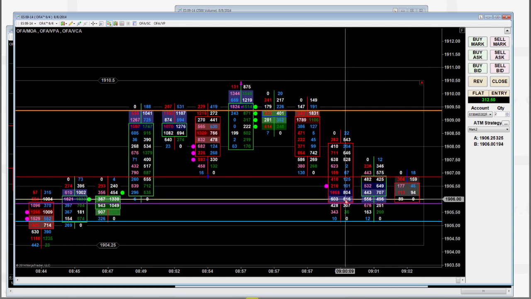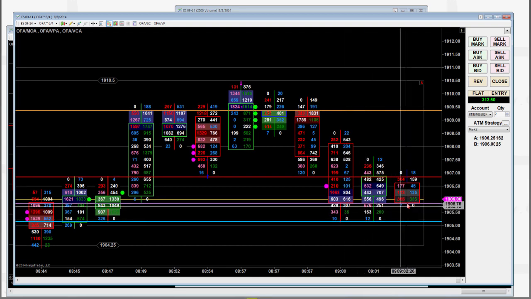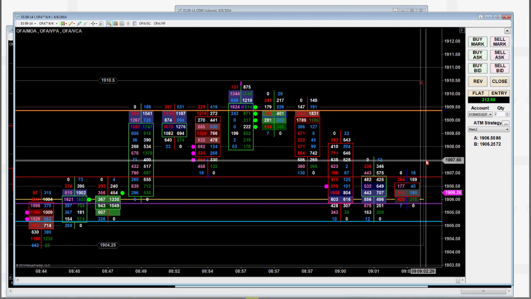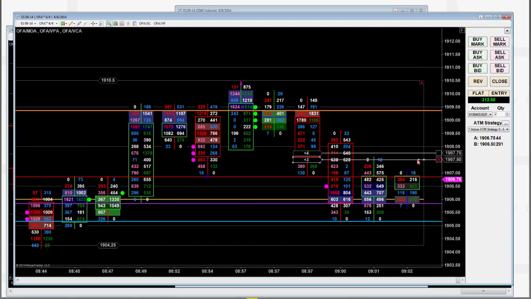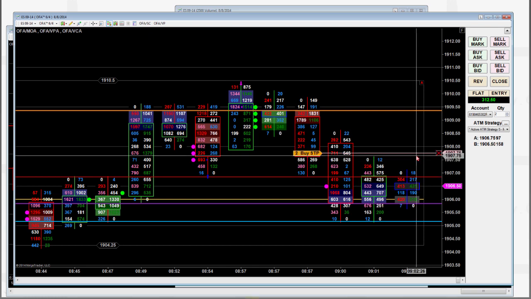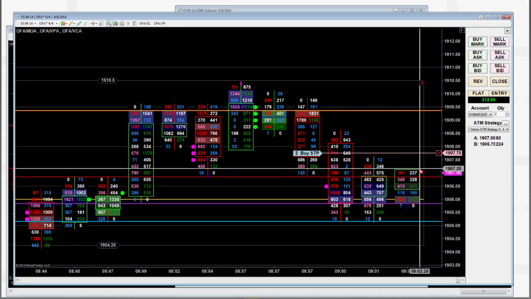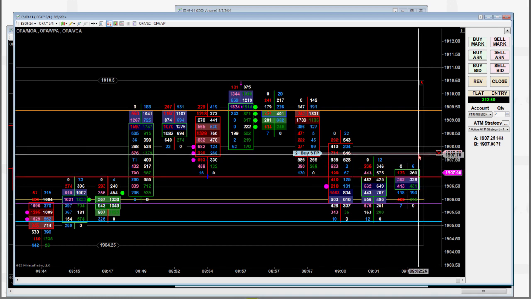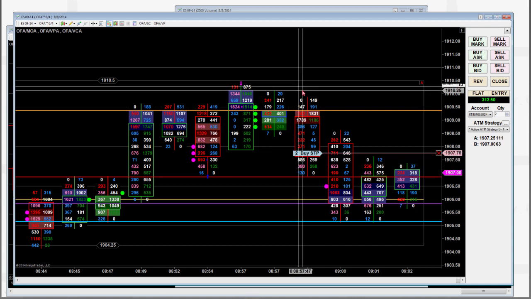So VPOC is down below at 1906. Weakness. We're getting a little two-sided trading here, but if we start getting strength back into the bid, I'm going to look to take this breakout and see if we can't get back up to 10 and higher.